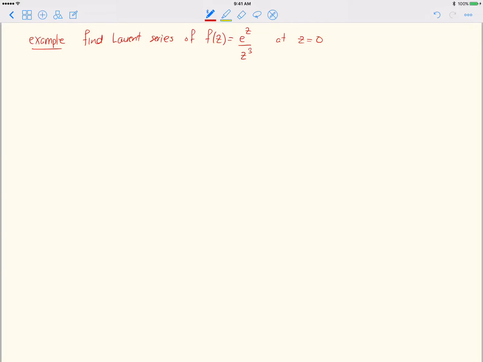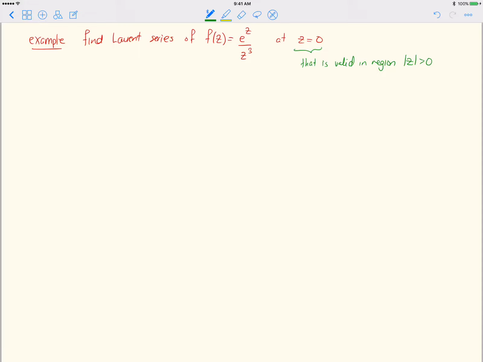Or instead of saying at z equals 0, they may word the question like this: find the Laurent series that is valid in the region modulus of z is greater than 0. So questions are often worded in one of these two ways. They'll either say find the Laurent series at a point, or equivalently find the Laurent series in some annulus.